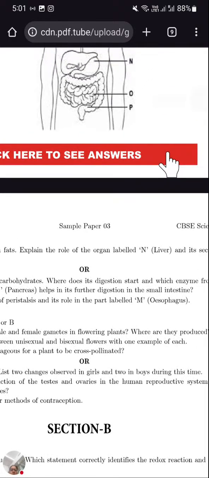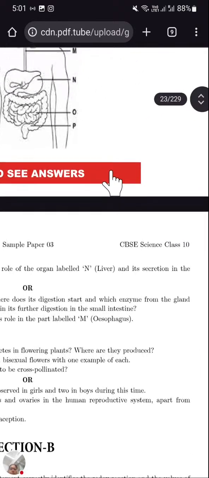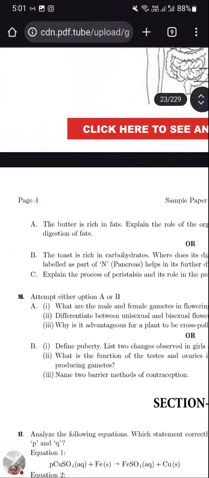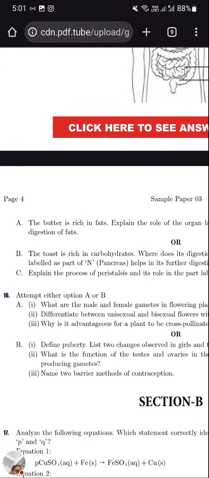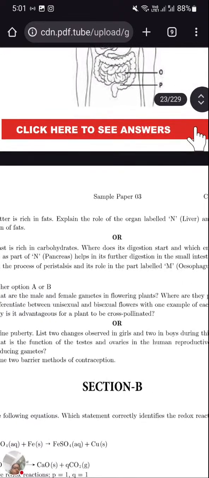So here N is the liver, and its secretion helps in the digestion of fat. The liver secretes bile juice. Bile juice is alkaline in nature, which helps in emulsification of fat.